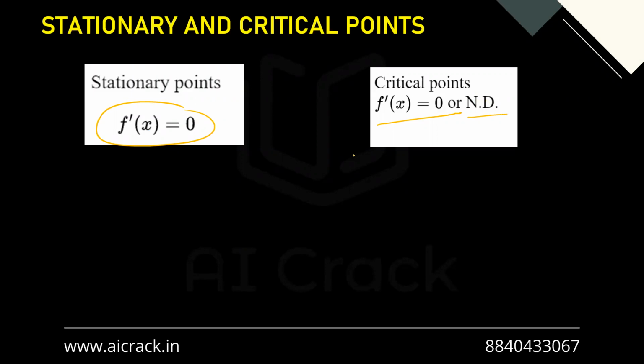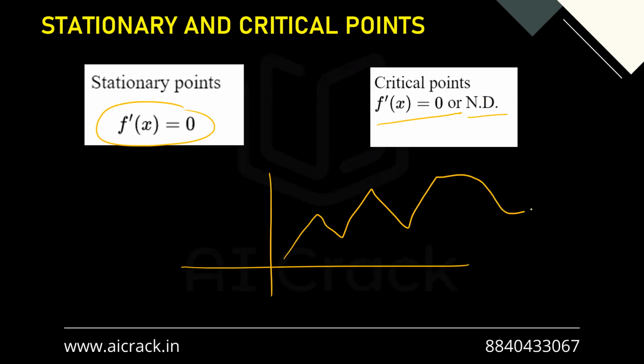So why are we calculating these points? Because let's say we have a function like this. I can see that this particular point is smooth, but this is edgy. It's not having smooth corners, but it's having sharp corners. So it's non-differentiable over here, but still a local minima. It is also a local minima, and it is also a local maxima.